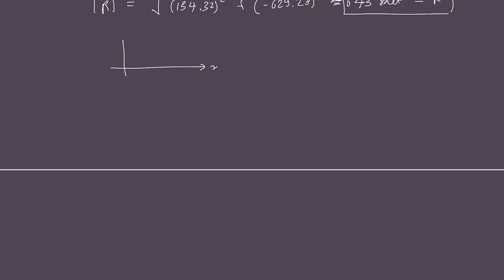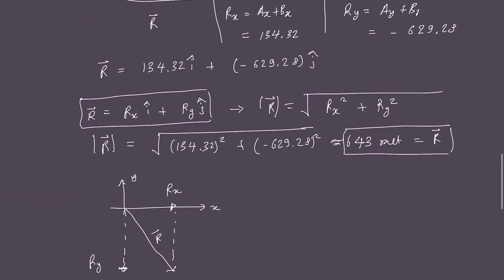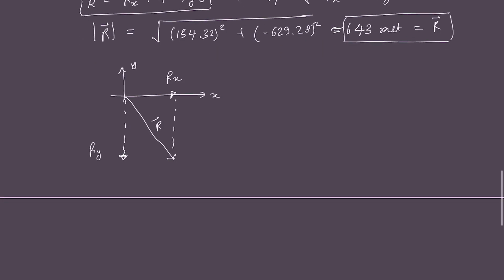So this is x and this is y. That vector r is this, its x component will be this and its y component will be this. And we know those components because they are right here, 134 and minus 629.28. Let's look at this angle right here, this triangle right here.